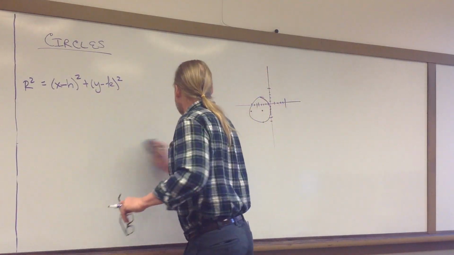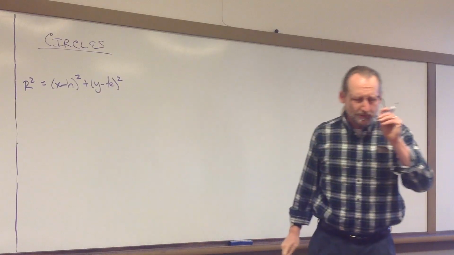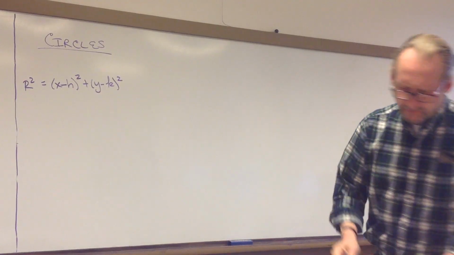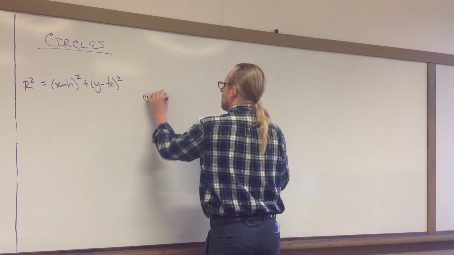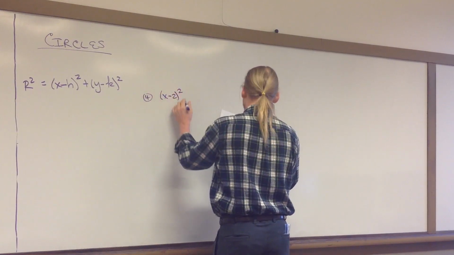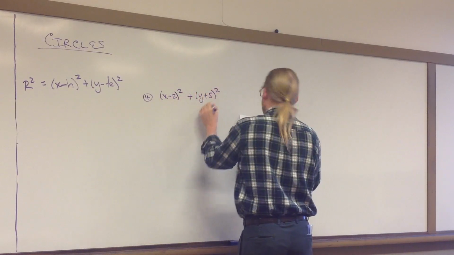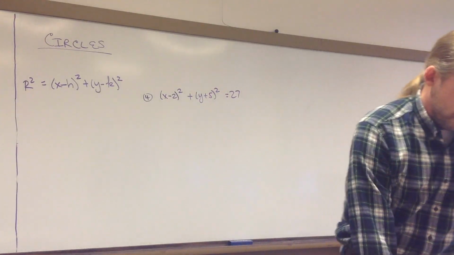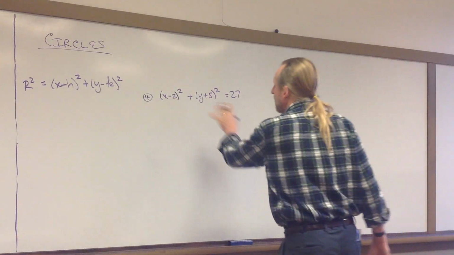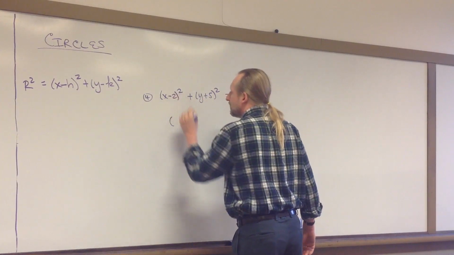Let's keep working on these, and then we'll look at the next section where the problems get a little bit harder. Okay, problem 4. We've got (x minus 2) all squared plus (y plus 5) all squared equals 27. All right, so the coordinates for the center are going to have the opposite sign to what's inside these parentheses.